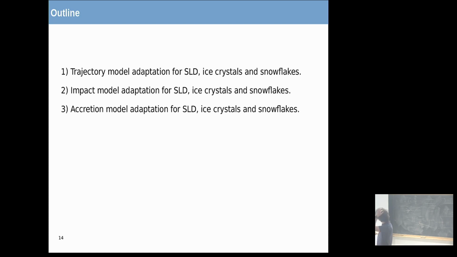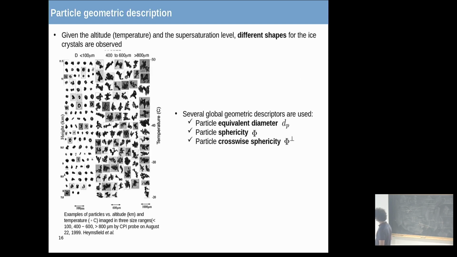Okay, so now to go more deeply, I will present the adaptation for trajectories, for impact, and finally for accretion. Regarding trajectory, as I said, it is something which has already been presented. This is a diagram: given the altitude and the supersaturation level, of course, there are different shapes of ice crystals. It has been described very well previously.